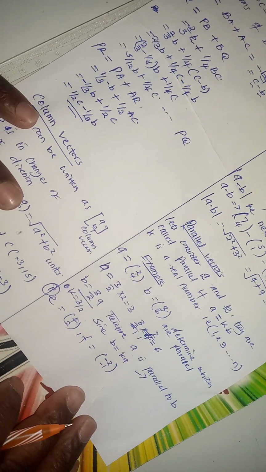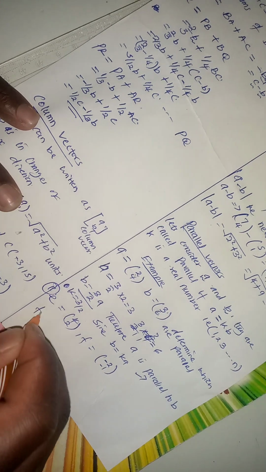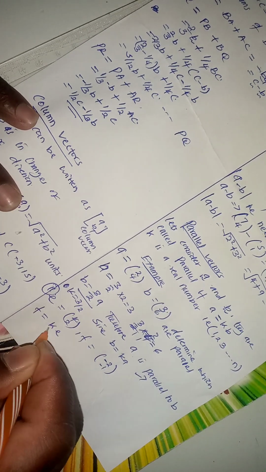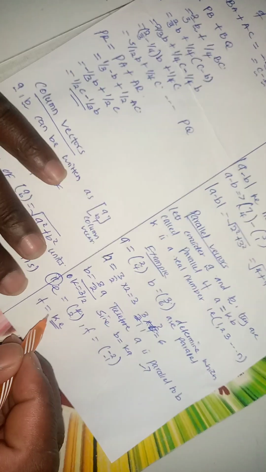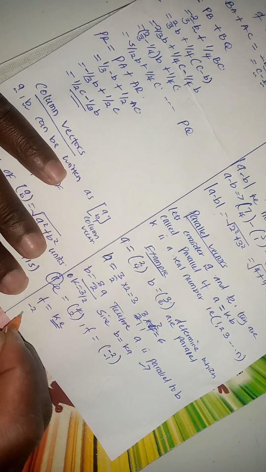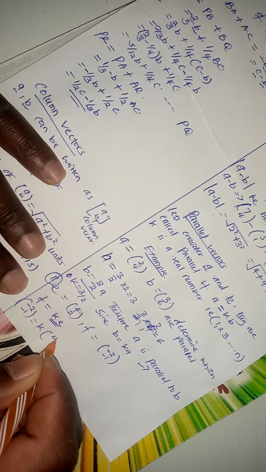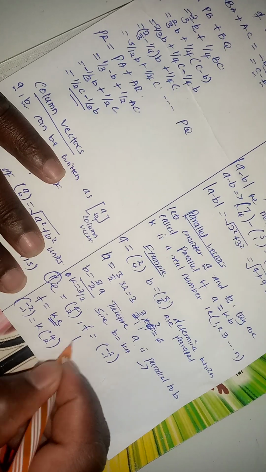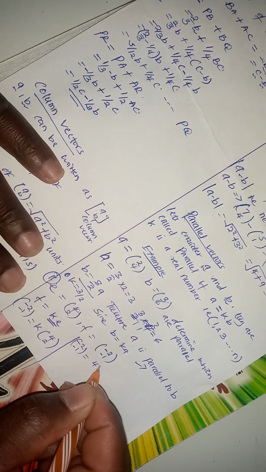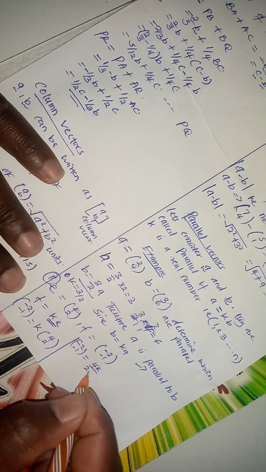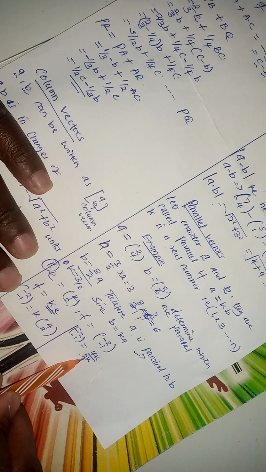Now here we want to find k such that f is equal to ke. You need to find the value of k. We can say that (-2, -1) is equal to k times (4, 2), which is (4k, 2k).